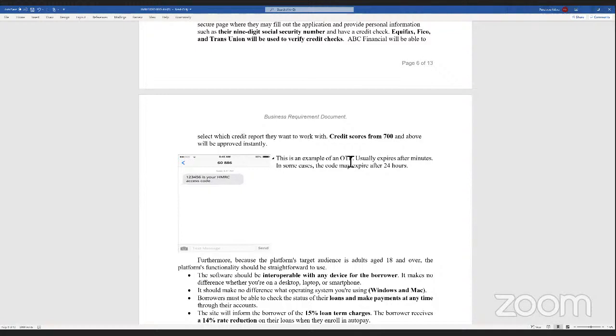But because they were limited to a particular credit check, the customer or the borrower will not be able to get the funds. So I just gave options, but they're not going to work with all of them. Maybe 2 out of the 3 or 1, whatever credit bureau that ABC wants to work with, that's fine. But I don't want to limit them to, let's say, just Equifax. That's why I put all 3 in there.